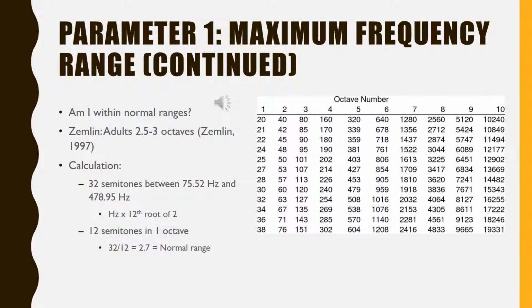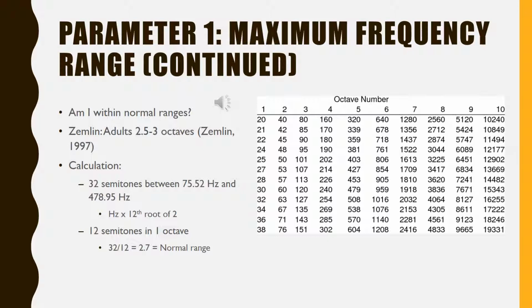Now that we know my frequency ranges, we need to convert that into octaves in order to see if I fall in line with Zemlin's parameters. So in order to do that, we need to figure out how many semitones there are between my lowest pitch and my highest pitch.